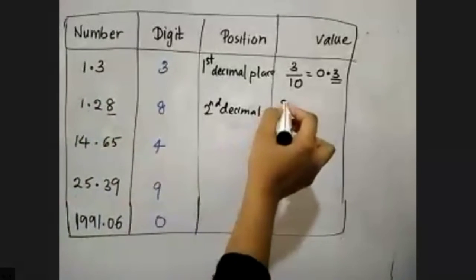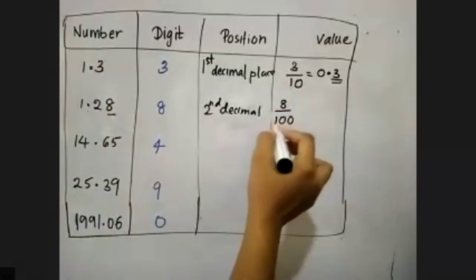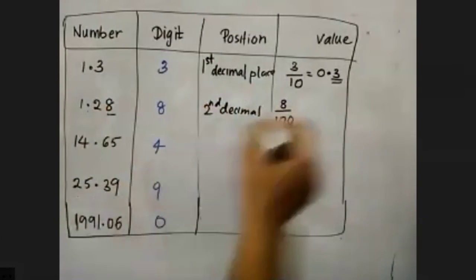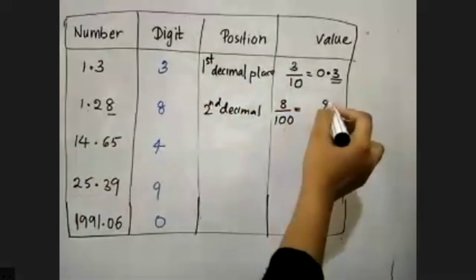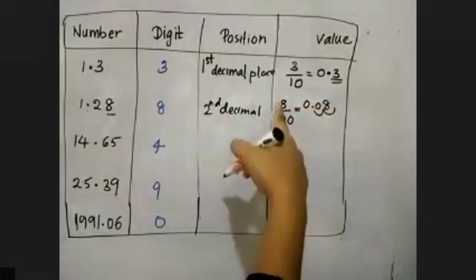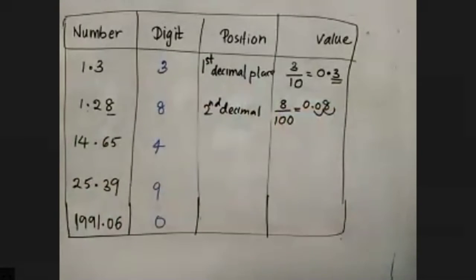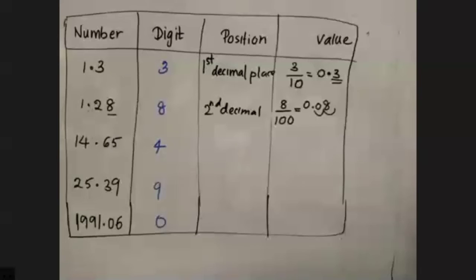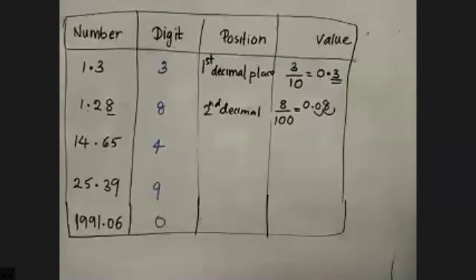That means it is divided by 100. Value is 8 over 100, because 8 over 100 means if you write number 8, you are getting 2 decimal places, 0.08. So 8 over 100 is the value. Now I want you to try the rest of the 3 alone. So here, how do we do this now? Okay.